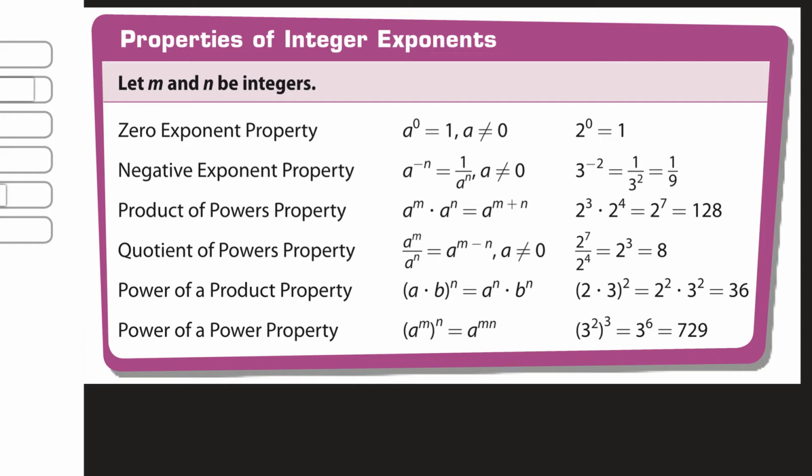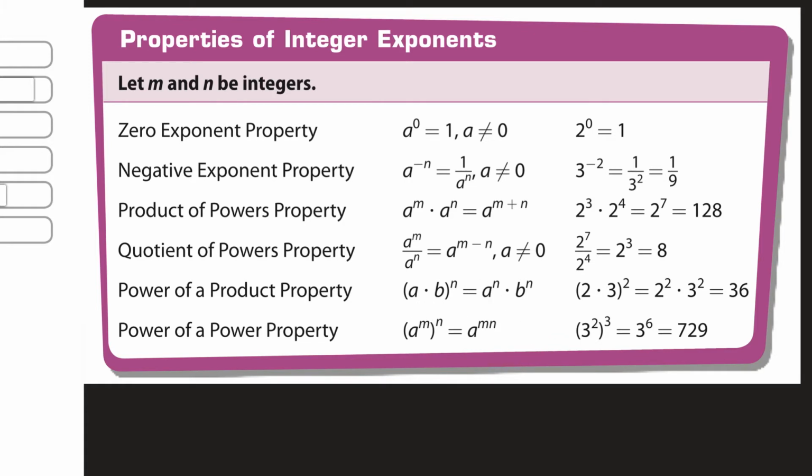Negative exponents: any number with a negative exponent is positive in the denominator, like what is happening here. We've seen that. Product of powers: when you multiply powers, you just add the exponents, like 2 to the third times 2 to the fourth is 2 to the seventh. Quotients: you subtract the exponents, like in this example. And a power of a product.